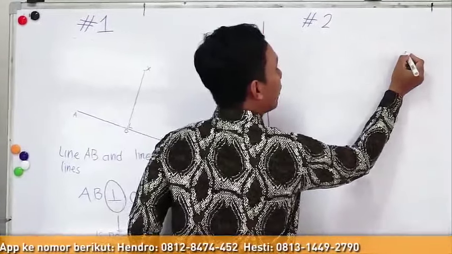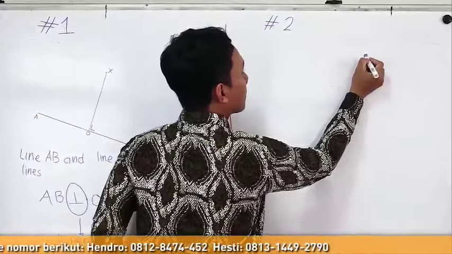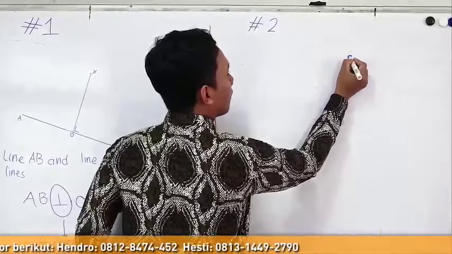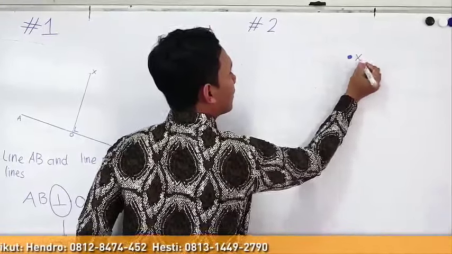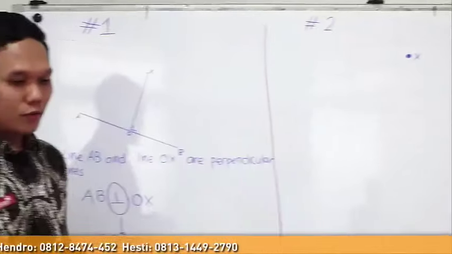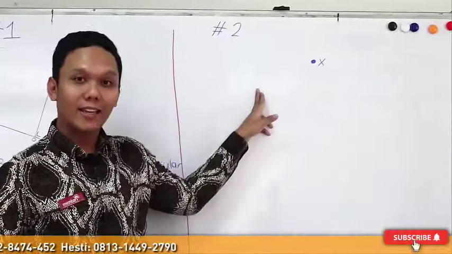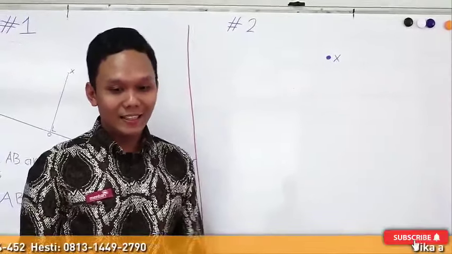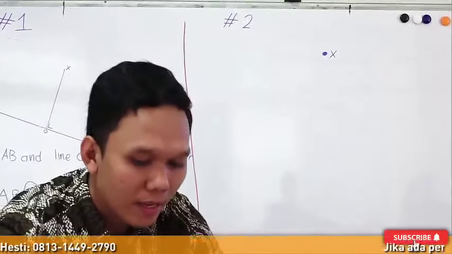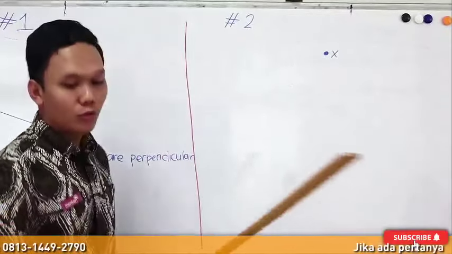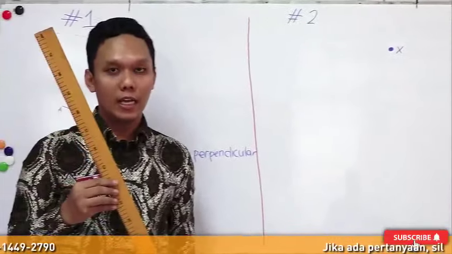So this is the point. Let's say this is point X. And we need to draw the perpendicular line that goes through point X. How to do this? Yeah, first step, you have to draw a line first using a ruler.